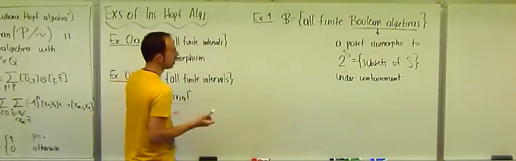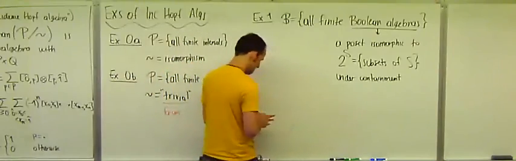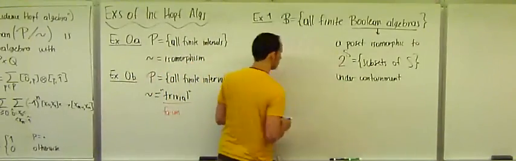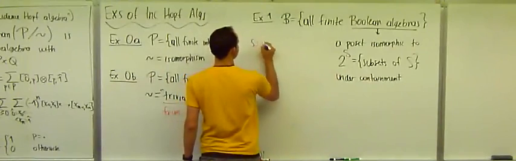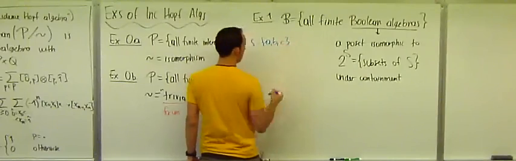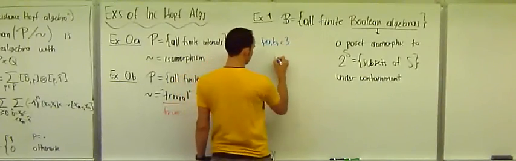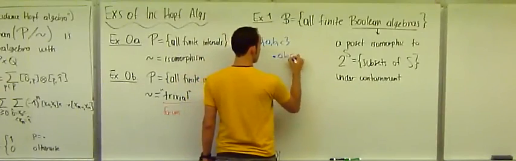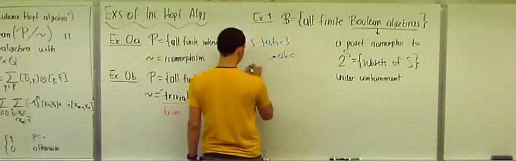Okay, so a simple example of this: if S is the set {A, B, C}, then the subsets of {A, B, C} are organized in a poset like this.